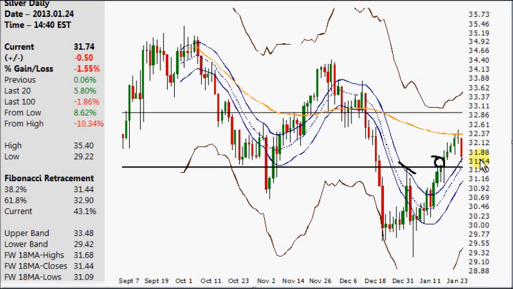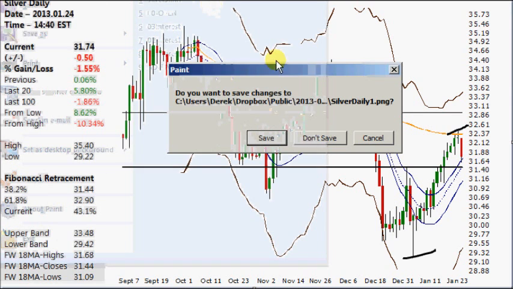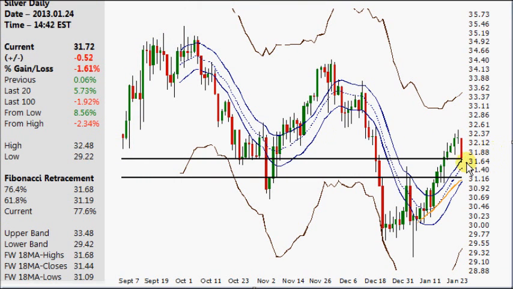But if we do continue going lower, this is one of two areas, or the top band of a range of support that would be in this area in here. If we now adjust the Fibonacci from this high to this low, we have to remember this number here is 31.44, so we'll go to the next one. And this area here is 31.19, so really this would be the next support area within here.